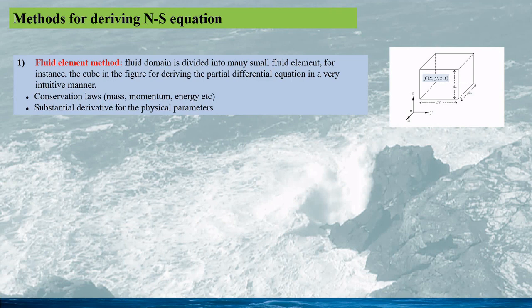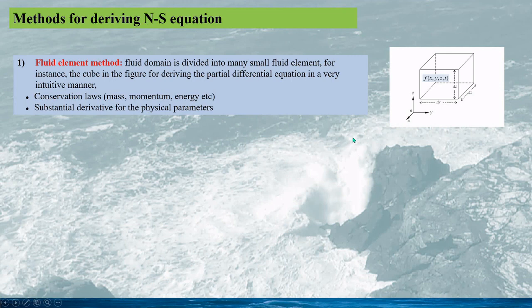The conventional methods for deriving the Navier-Stokes equation include the fluid element method and using the Reynolds transport theorem. The fluid element method directly works on a small fluid element, such as the cube in the figure.